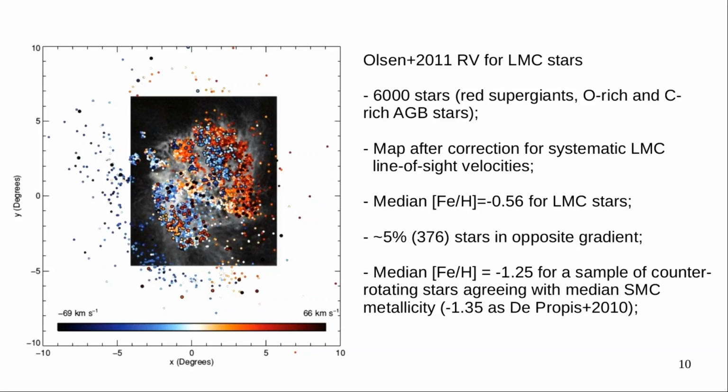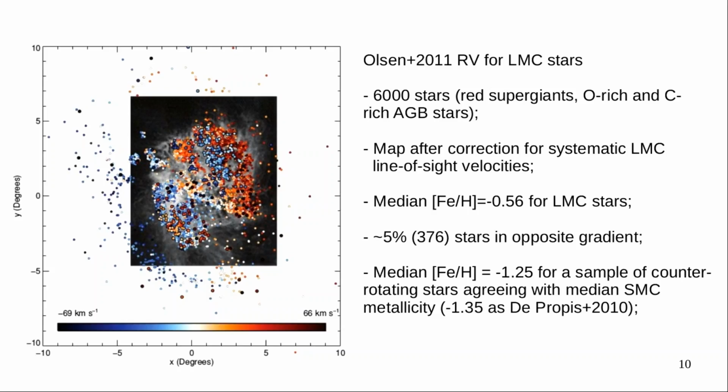or top right, are mostly stars that are moving away from us, and in the southwest, the southeast, the stars are moving toward us, the stars in blue color. But 5% of the sample is counter-rotating stars.